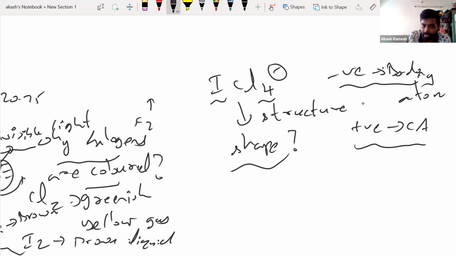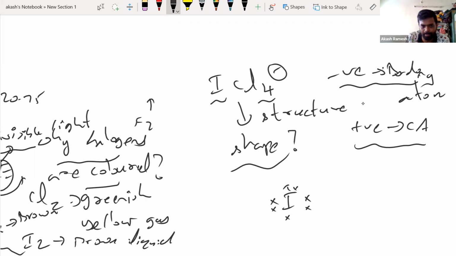Okay, fine. So we'll try to understand how the Lewis dot structure looks. Now iodine has 7 valence electrons, right? 1, 2, 3, 4, 5, 6, 7.